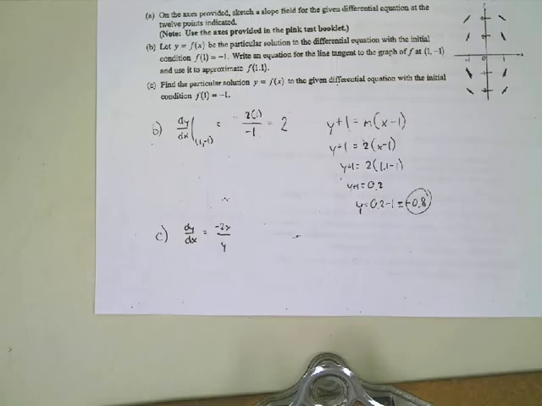Now, what should we do to both sides? Multiply by y. So, y dy equals negative 2x dx. And then integrate, because we have our variables separated.